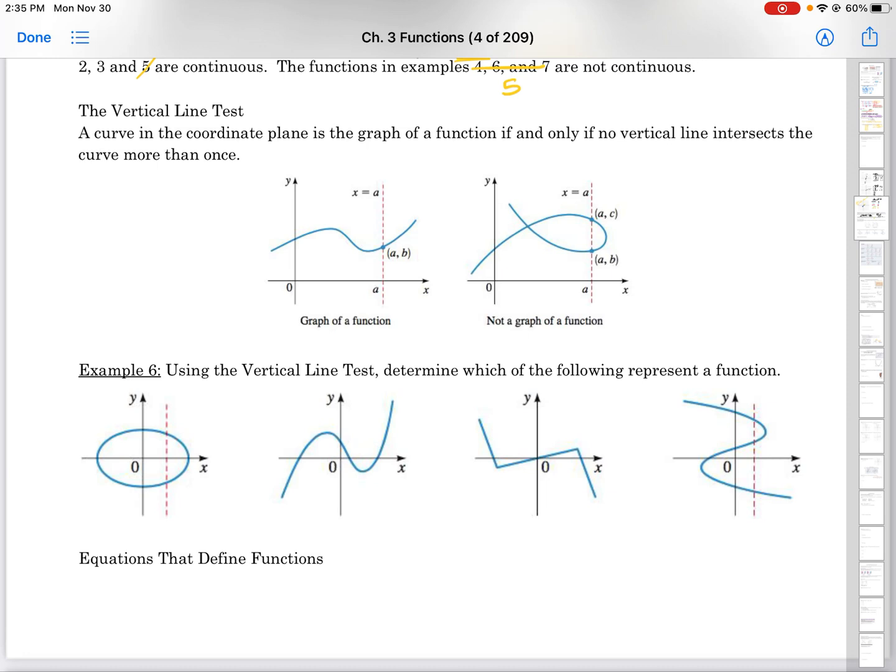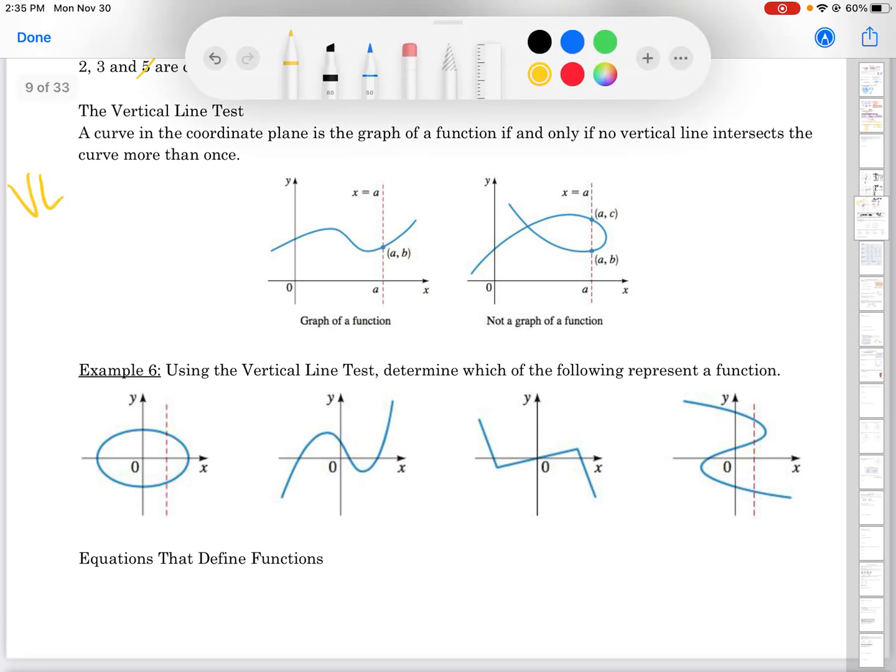All right, the vertical line test, or you might have called it VLT for short. You definitely saw this in Algebra 1, maybe even in middle school. If I have a graph and want to determine if I have a function, I draw a vertical line, or use my pencil or my finger to run across the entire graph. And as long as I am only ever touching one point at most at a time, it's a function.